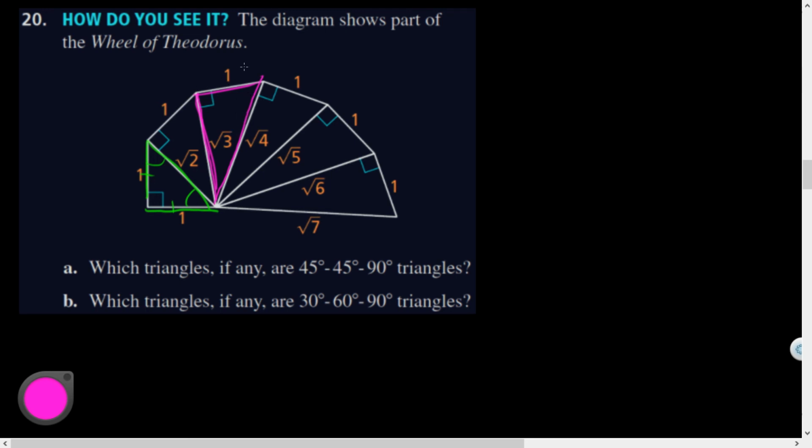So yeah, to go from the short leg to the long leg, that's square root of 3 times longer. But wait a minute. To go from the short leg to the hypotenuse, it should be double. Is it? What is the square root of 4? 2. It is doubled! Yeah, so there we go. So that happens to be a 30, 60, 90. Because those ratios are maintained.